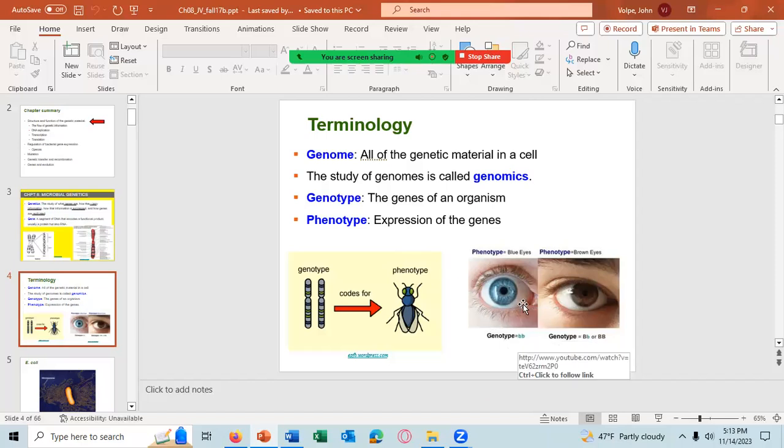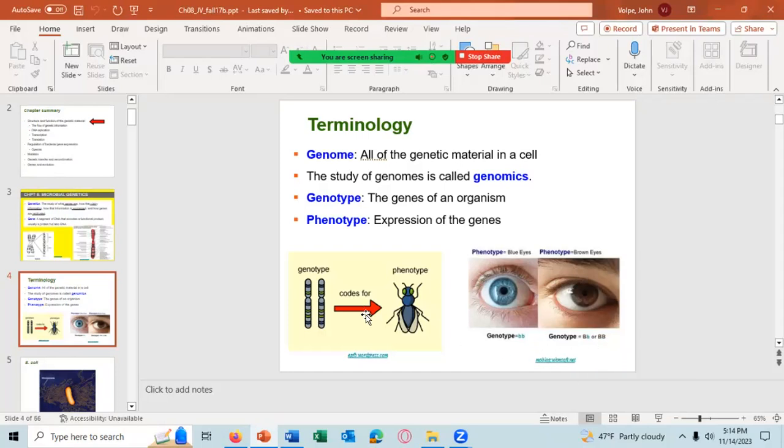The phenotype is the blue eyes, the expression of the genes. For brown-eyed individuals, of course, the phenotype is they have brown eyes. And their genotype would be either capital B, lowercase b, or capital B. Any question about any of that?